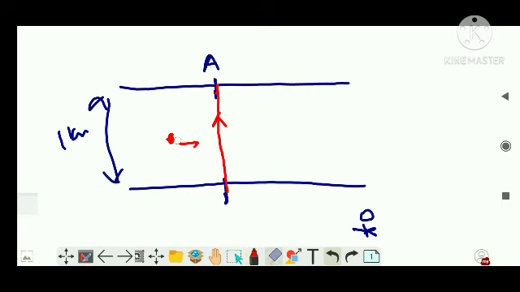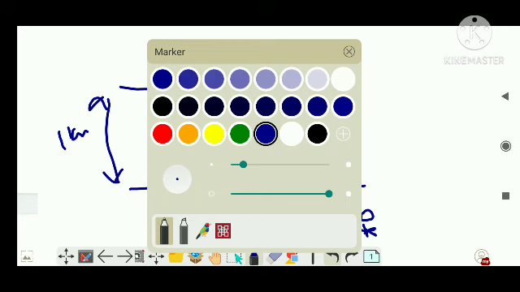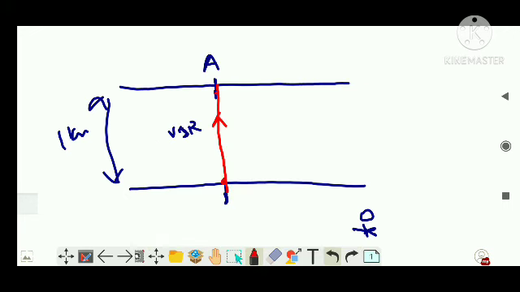So the name of this vector I am going to give as V, velocity of swimmer with respect to river. As the swimmer's velocity is seen like this. Clear? Now, there is also a velocity in this direction, that is the velocity of river.